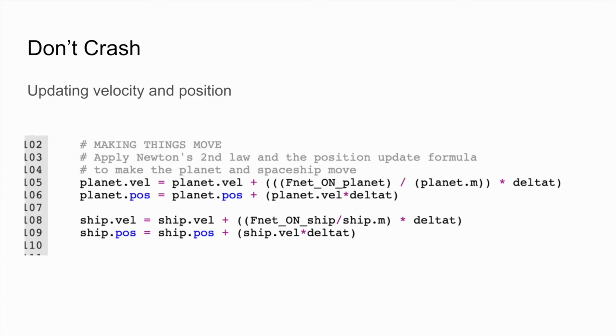Then we update the velocity and position using Newton's second law for the planet and for the ship, and we have the planet's velocity is equal to the planet's initial velocity plus net force on planet divided by the mass of the planet times delta t, and then for the position we have the planet's position plus the planet's velocity times delta t, and we repeat these same steps for the ship.